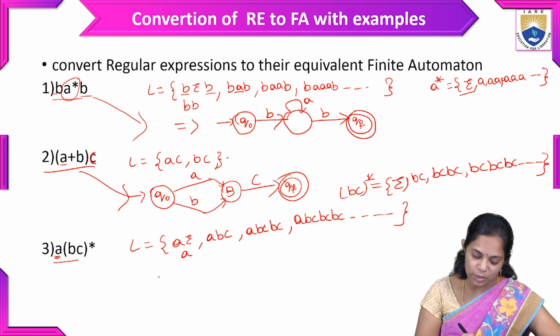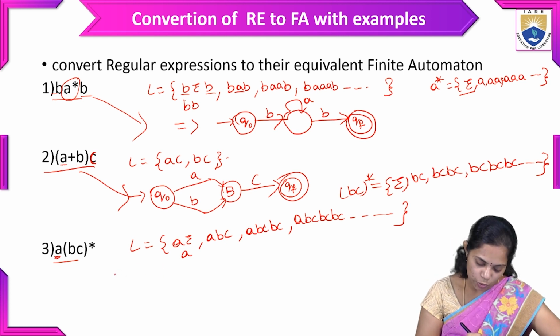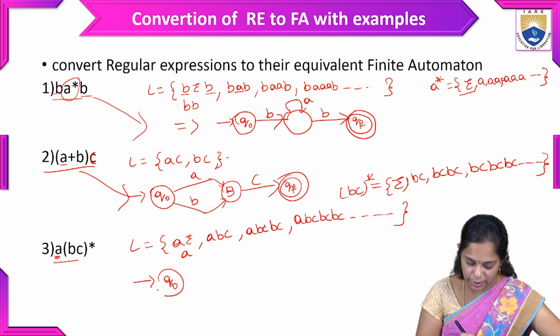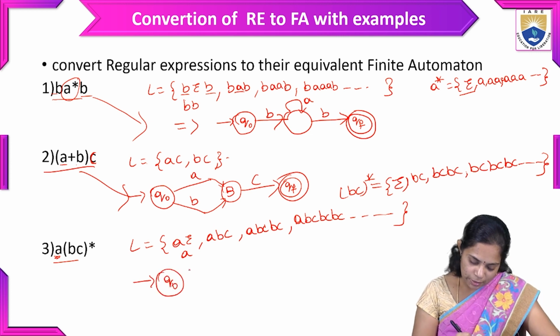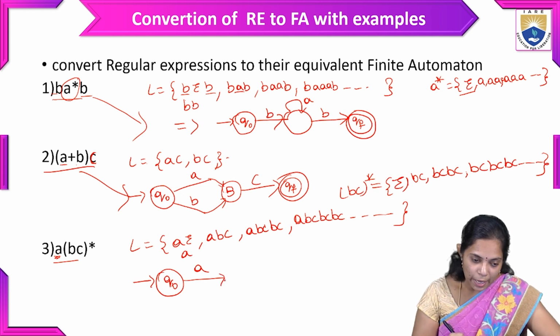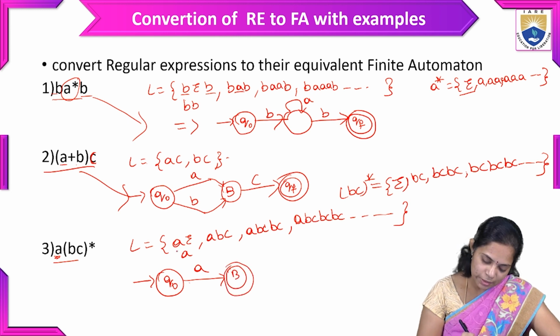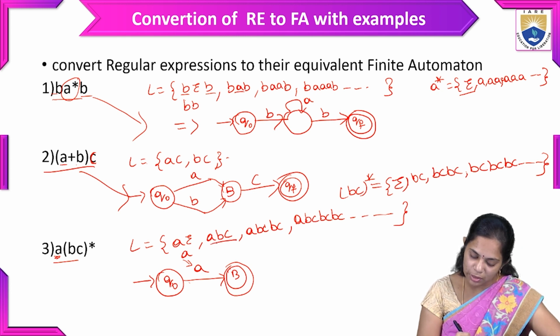For this kind of language, how will we construct a finite automata? We have to start with Q naught, the starting state, and for this we have A as the input symbol, and it reaches the final state. So the minimum length is satisfied with this. After this we have to take the string and draw this.